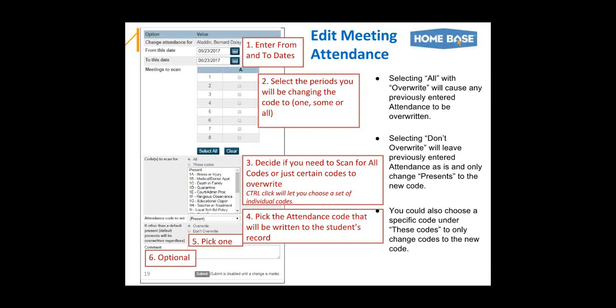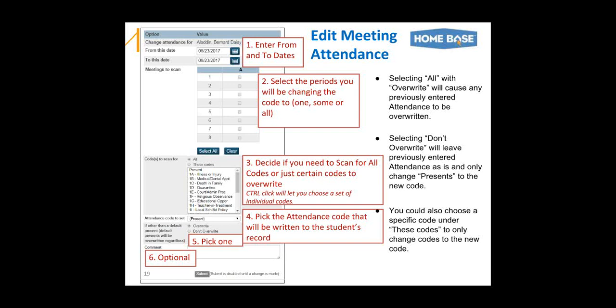In this particular case, I'm only changing one day. And then next, it says meetings to scan. So you're going to select the periods here that you're going to be changing the code to. So you can choose one period, some, or actually all if you need to change all of the periods for that particular day.